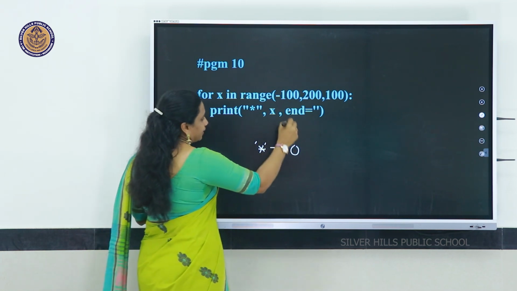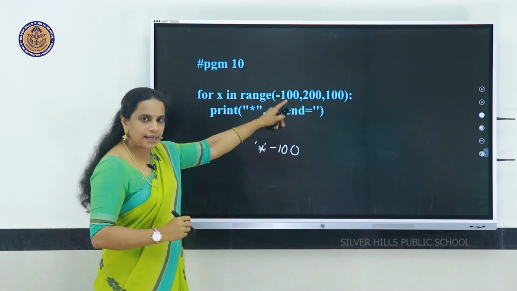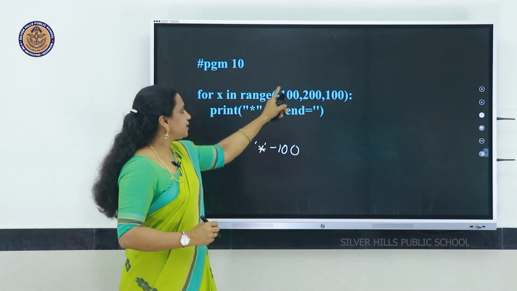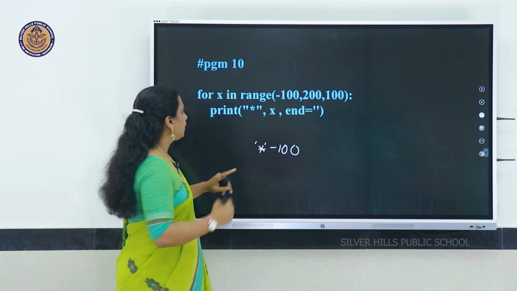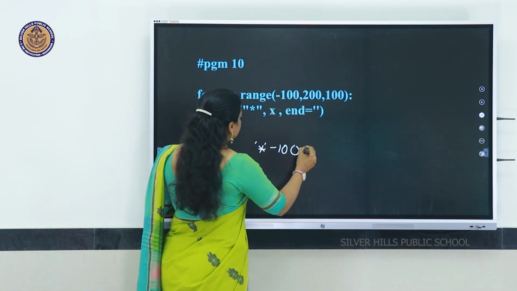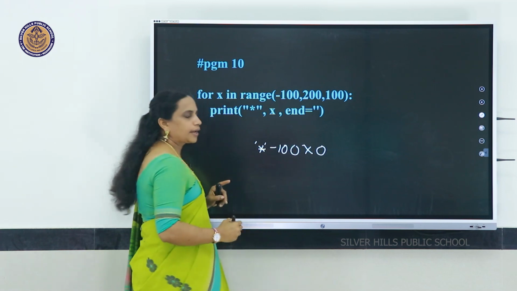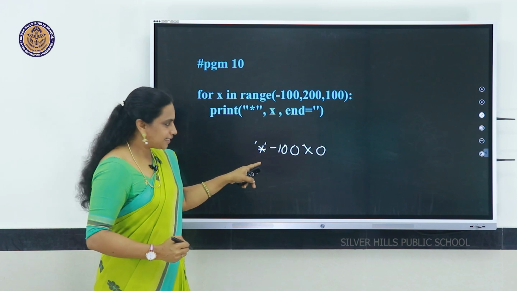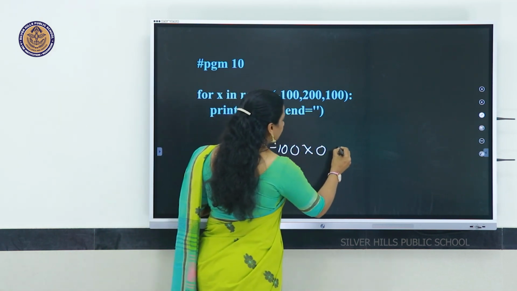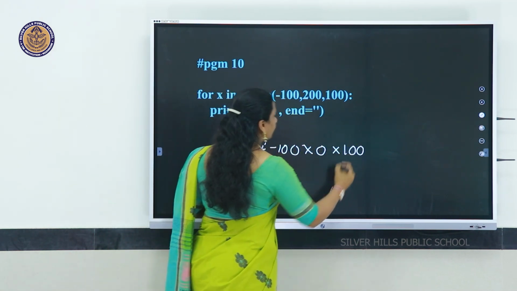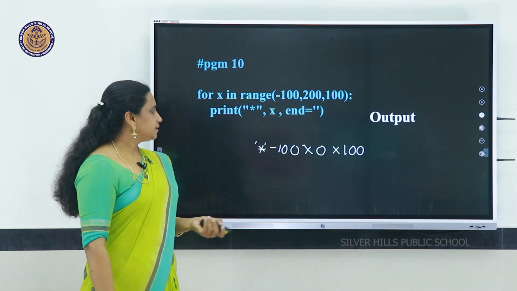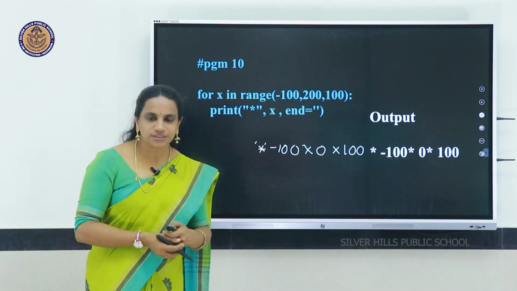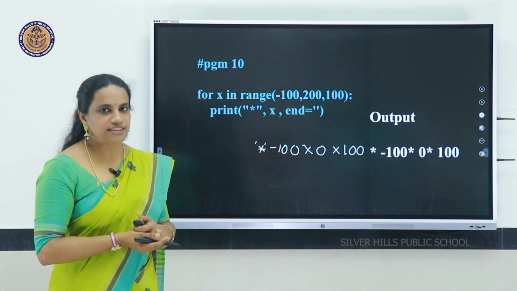Then the cursor will stay here itself because end is equal to space is given. Now, the step value is 100. Minus 100 plus 100 is equal to 0. The next value of x is 0. Again it is incremented by 100: 0 plus 100 is equal to 100. Next time you will get x as 100. This is the output of this question. These types of questions can be there in the board examination too.